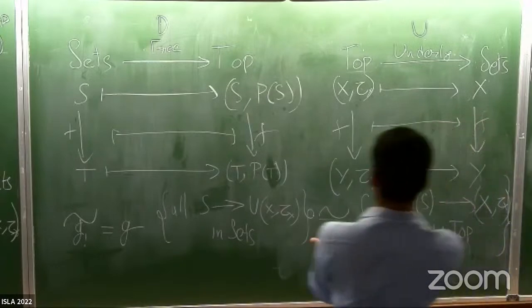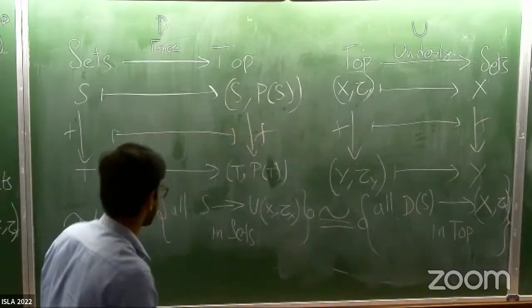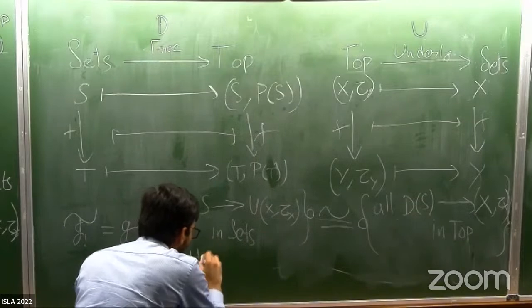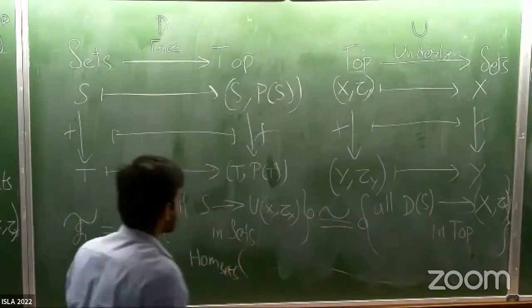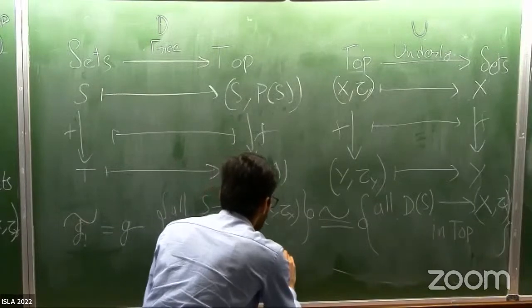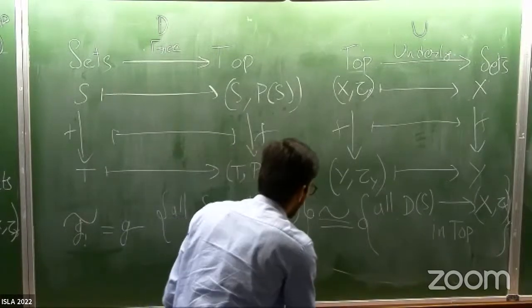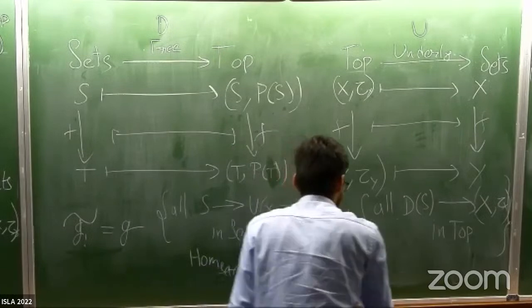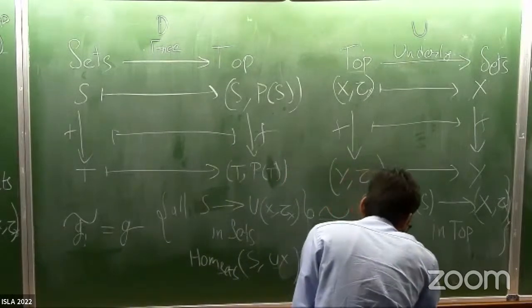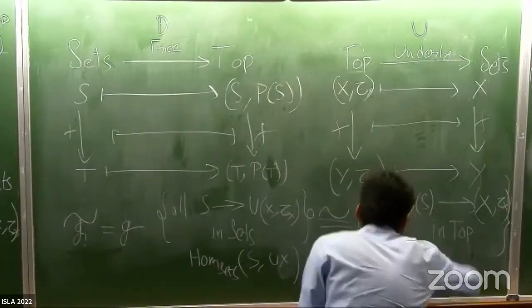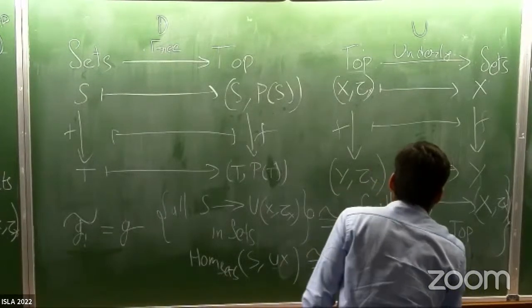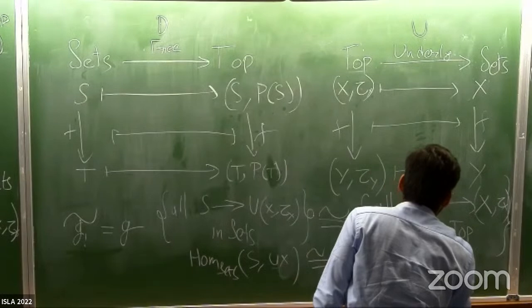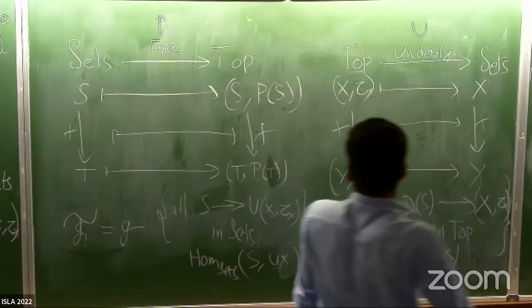And this bijection is of course of sets. In particular, with the notation that we know, this is the following: Hom in Sets of S to UX, just to be very compact in notation, and this is the same as Hom in Top from the discrete space over S to X.